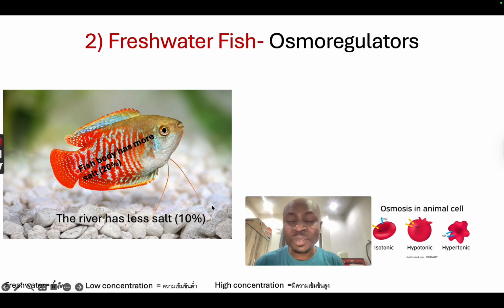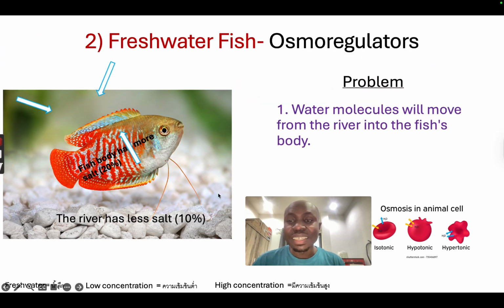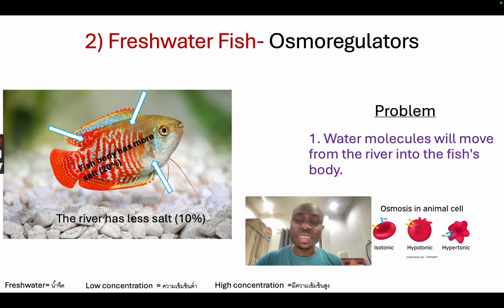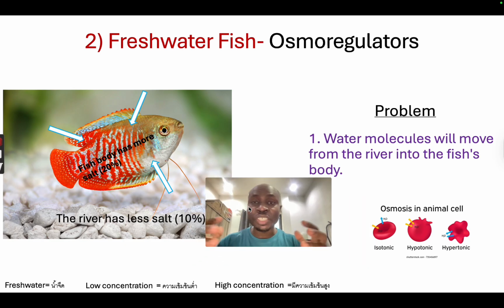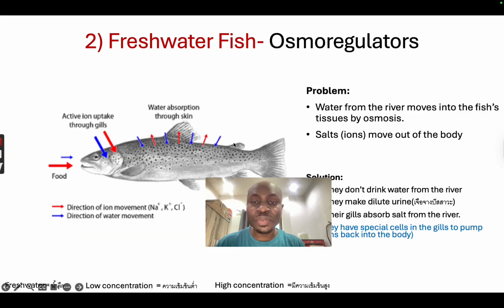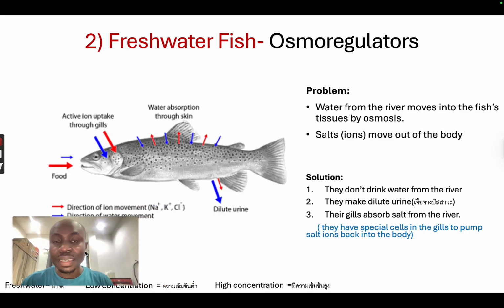What problem will this fish have? The problem is water around the fish will move into the body by osmosis, and the fish can die because the cells will get bigger. Now, how does the fish solve this problem in this environment?